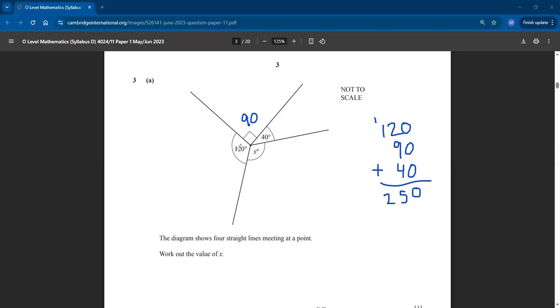Okay, and the total needs to be 360. We subtract 250 from 360 to find out the value of the remaining angle. 360 minus 250. 0 take away 0 is 0, 6 take away 5 is 1, 3 take away 2 is 1 as well. So the value of angle x is 110 degrees. Okay, that is how you're supposed to work this out.